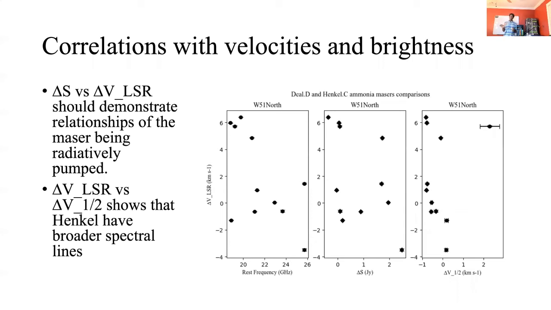So on the far left, you can see that there is really no correlation between a change of VLSR and the rest frequency, and that basically shows that with each maser there is a varying change in velocity between my data and Henkel's data. So this is something to note, that the masers are indeed moving.